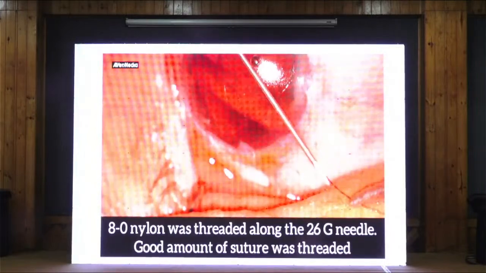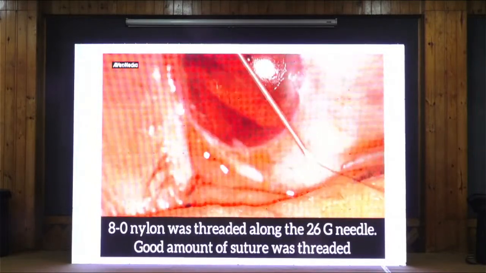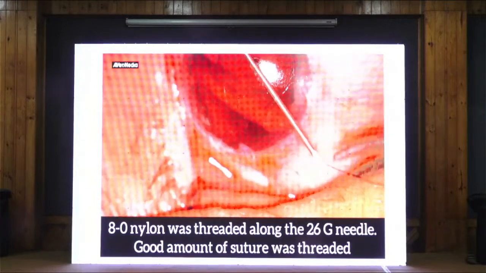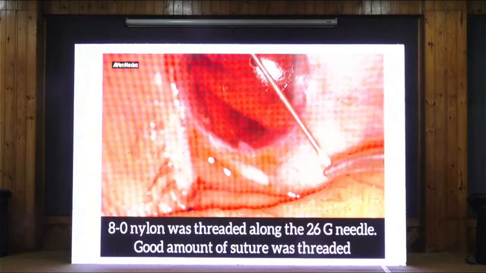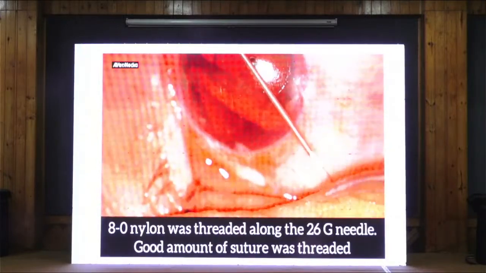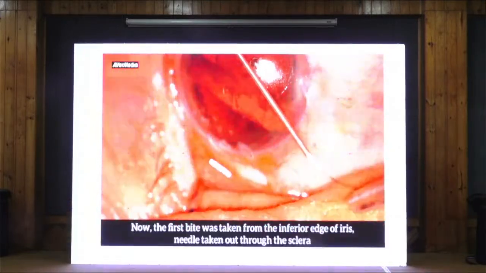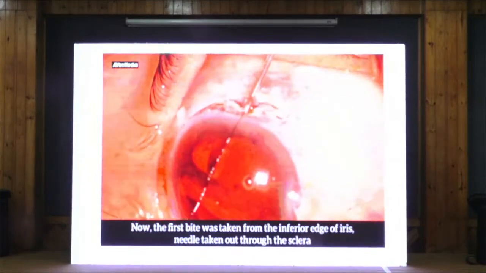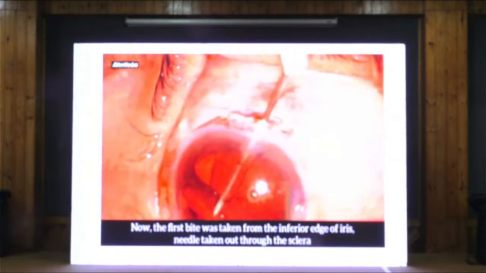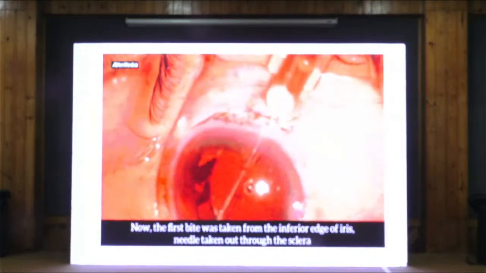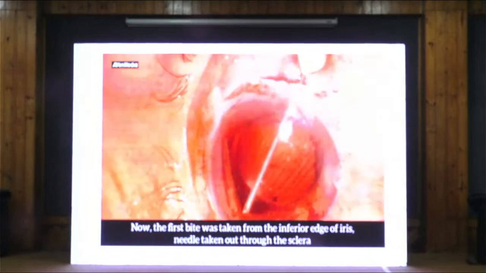The suture was threaded well along its length in the 26 gauge needle so that we had adequate suture inside the needle. After it was threaded, we took the first bite through the tunnel, taking the last edge of the inferior iris, and sutured it to the sclera.